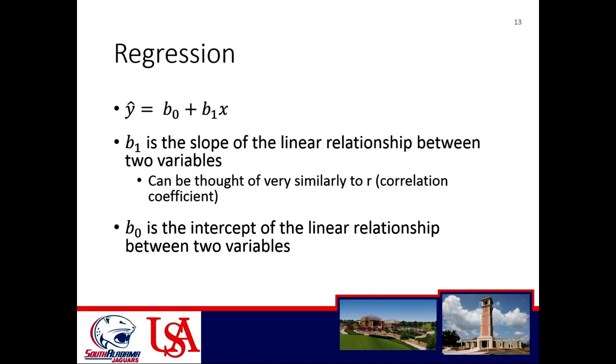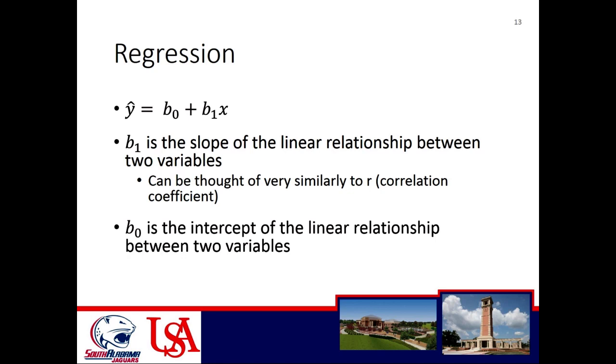And then beta naught is the intercept of the linear relationship between the two variables. So beta naught is, if you were to plot it on a graph, where would that line intersect the y-axis? If you were to make a graph of the relationship between x and y, and you were to draw that line of best fit like we looked at last week, beta naught is where that line intersects the y-axis.